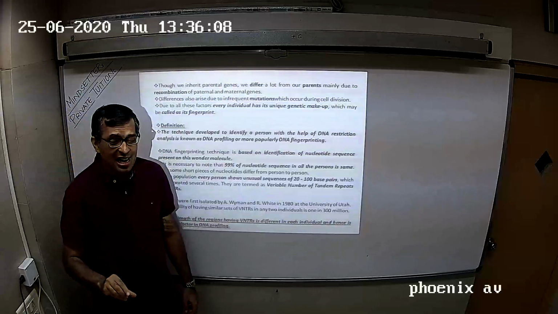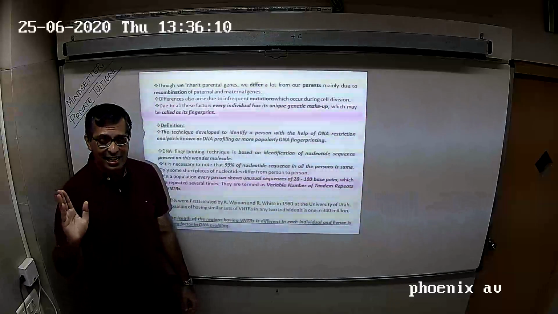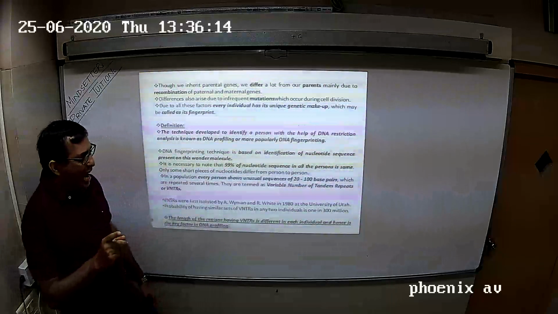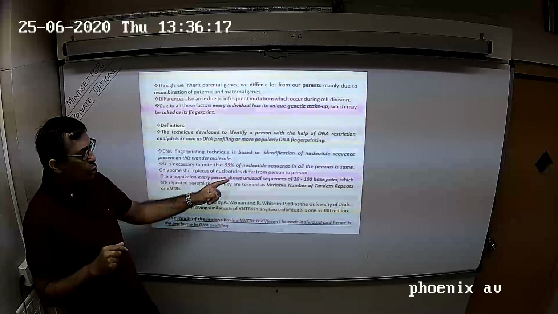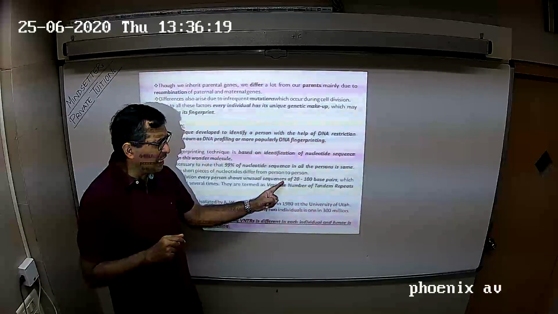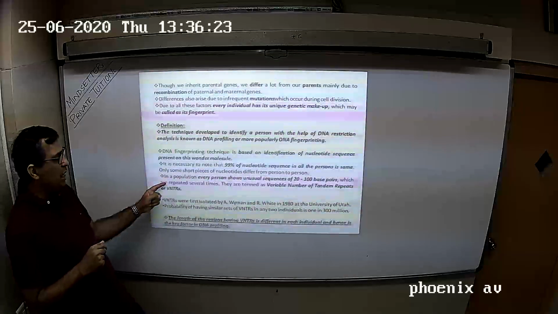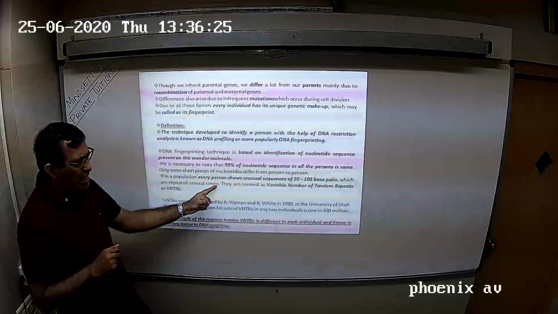99% of our DNA is exactly identical, but 1% is different, and every person shows unusual sequences of 20 to 100 base pairs which are repeated several times.